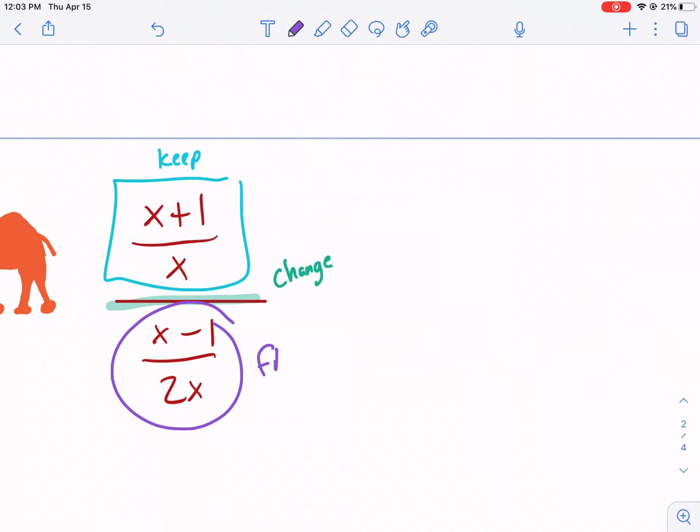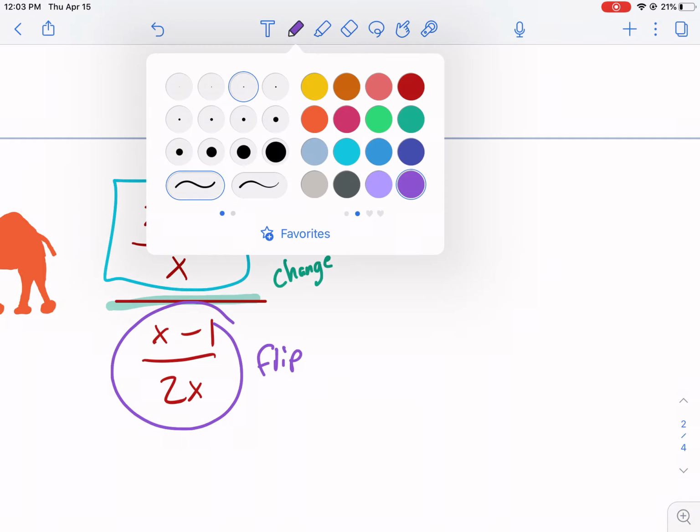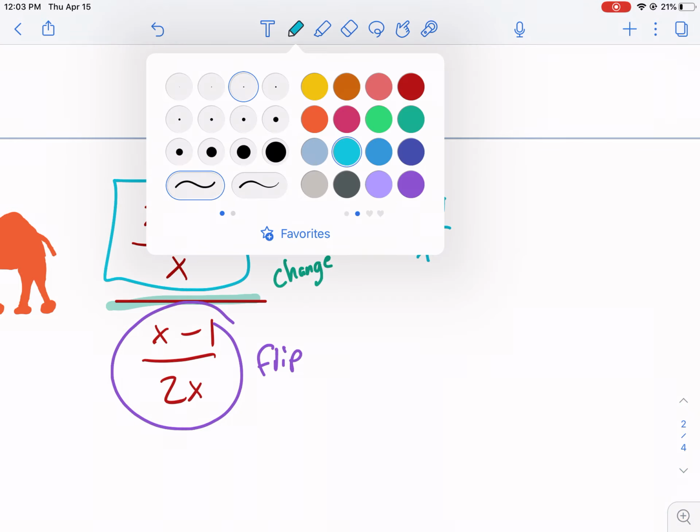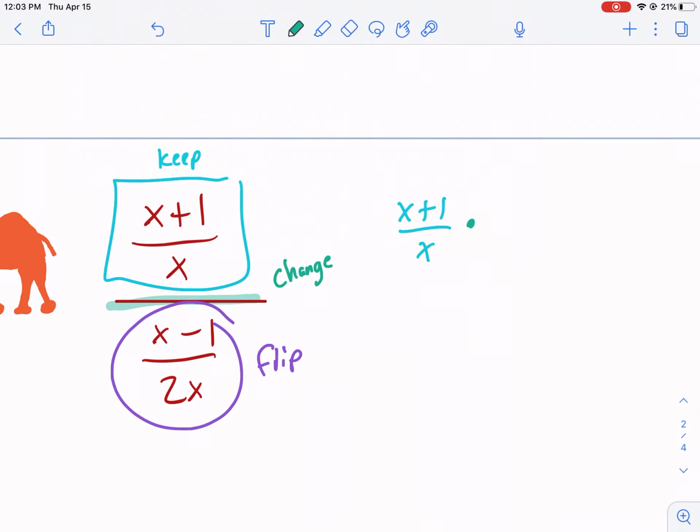This process, keep, change, flip, is just multiply by the reciprocal. So I'm going to write x plus 1 over x, change times flip. Instead of writing x minus 1 over 2x, I'm going to write the reciprocal, which is 2x over x minus 1.